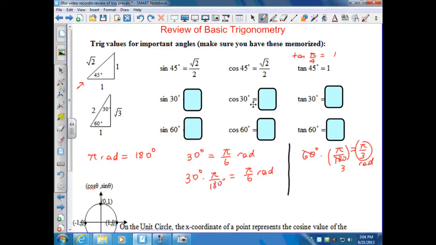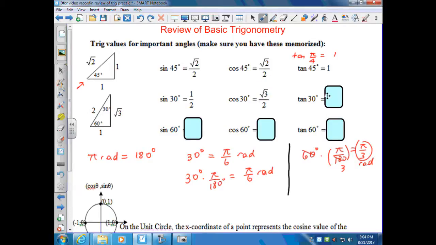Okay, sine of 30 degrees. Again, you could take a look here. If this is your 30 degrees, sine will be opposite over hypotenuse, so it'll be 1/2. And what about cosine 30 degrees? Cosine will be adjacent over hypotenuse, that's root 3 over 2.